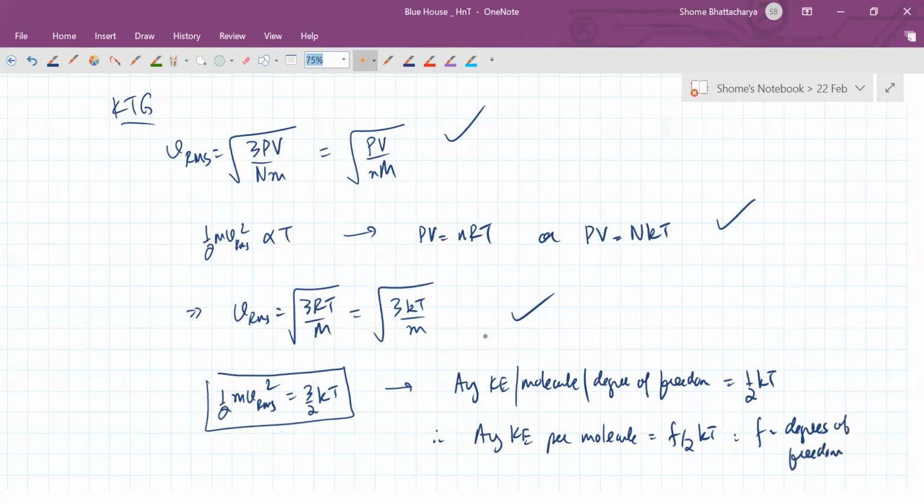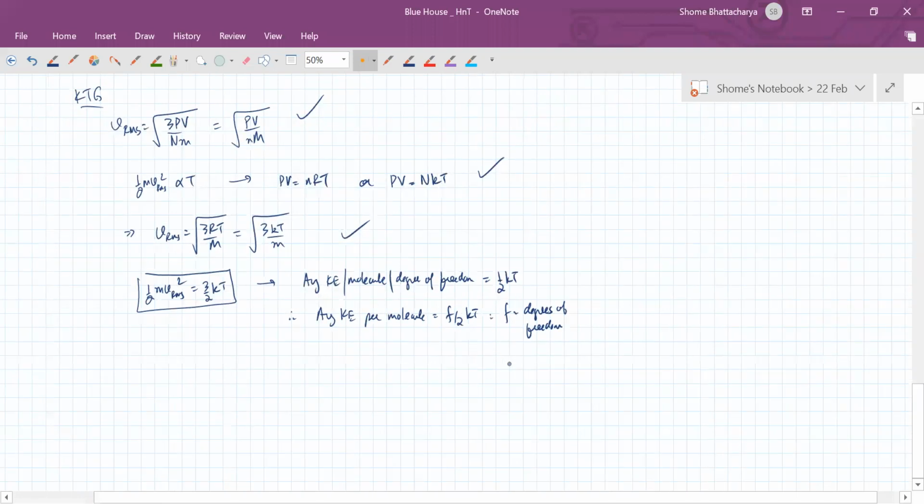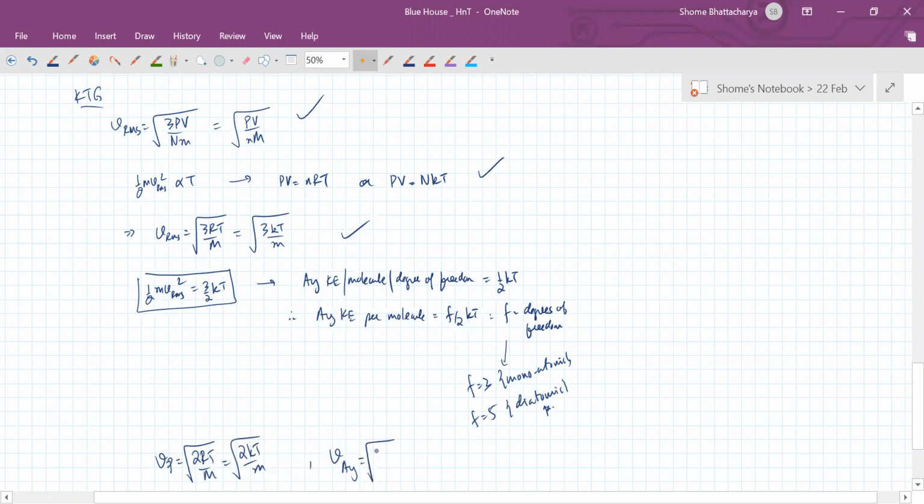And as I told you, the important thing you need to remember is that degrees of freedom is 3 for monoatomic gases, and degrees of freedom is 5 for diatomic gases. Now to this list of formulae, you also add the most probable speed formula, and the mean speed formula, or the average speed formula.